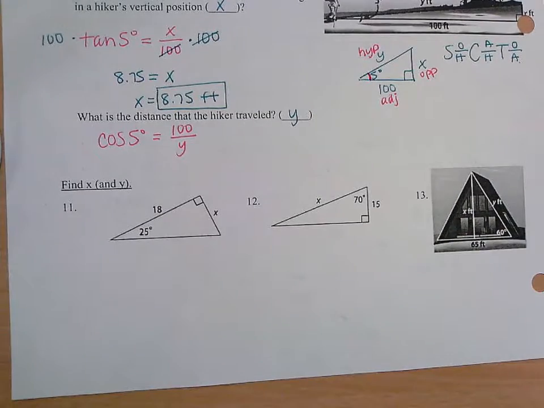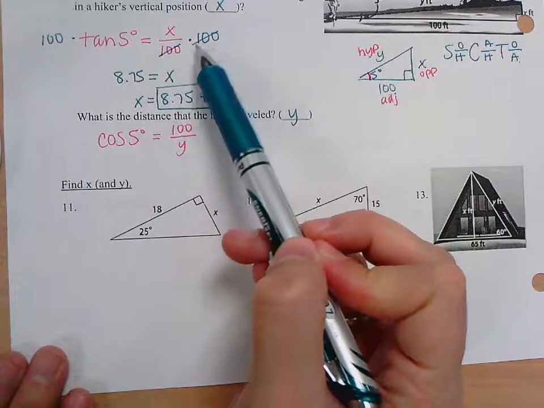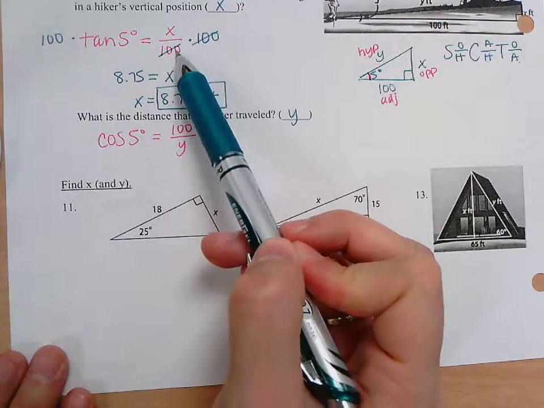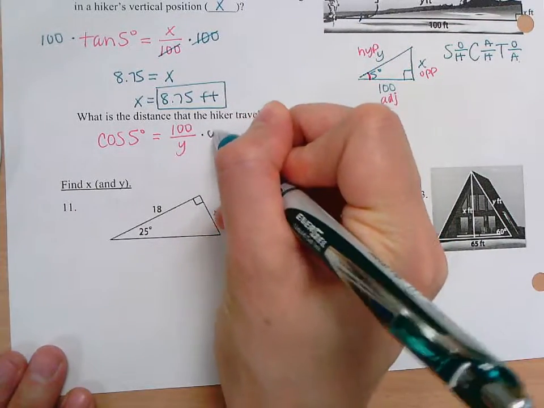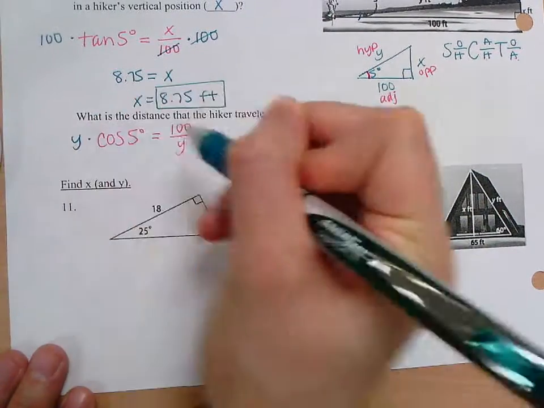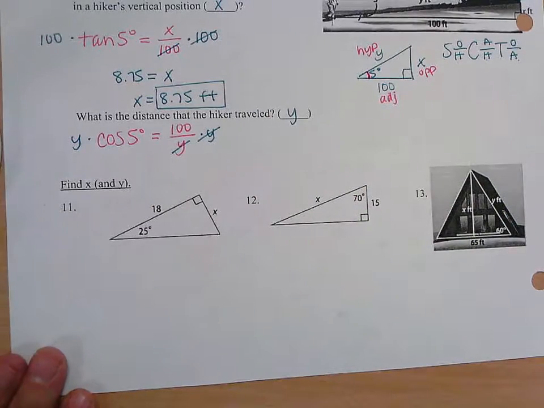And I have to solve for y. Now this is a little trickier when the variable is on the bottom. My first step, just like we multiplied here by 100 because it was the denominator, my first step is to multiply both sides by y so that it's not in the denominator. Okay, but there's another step I have to do.